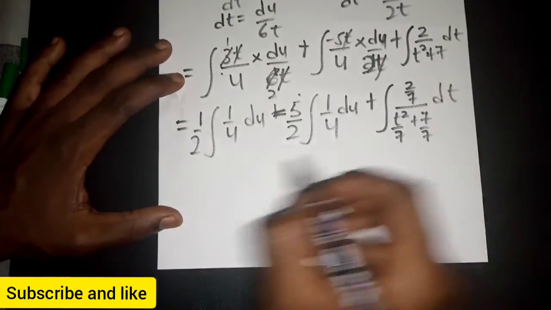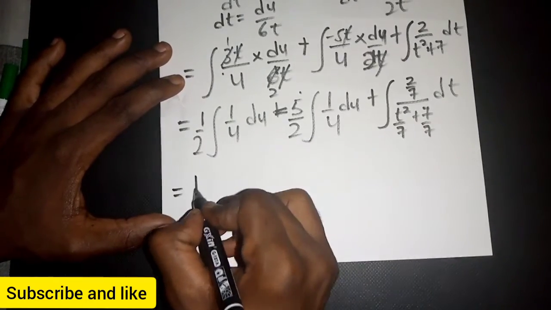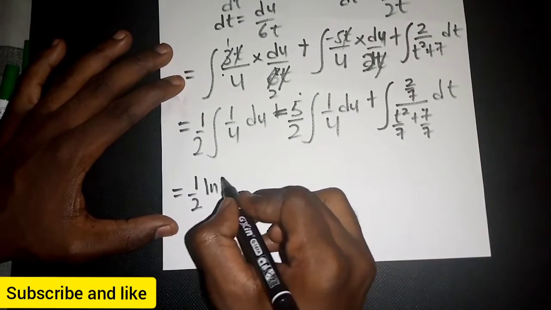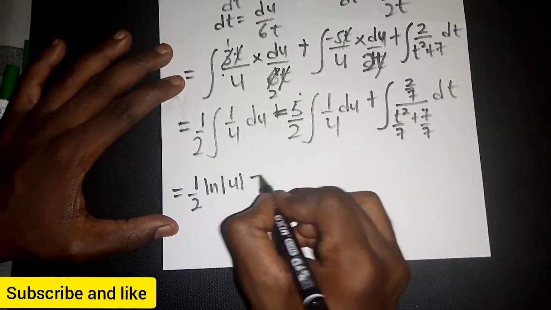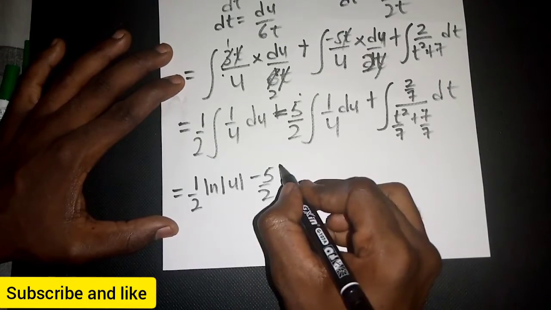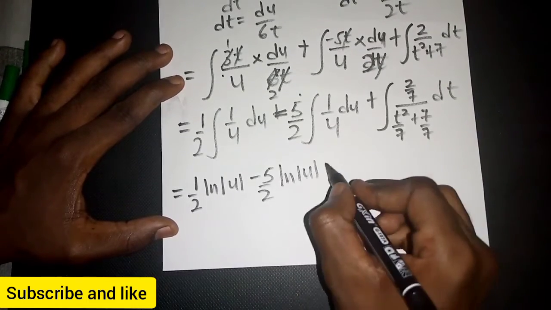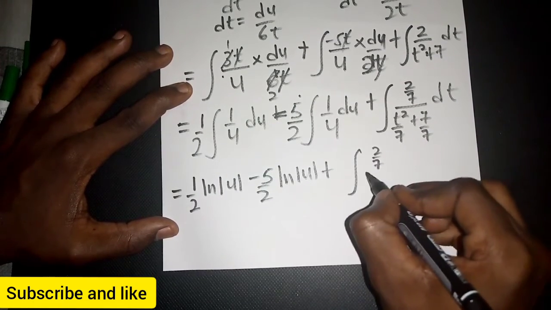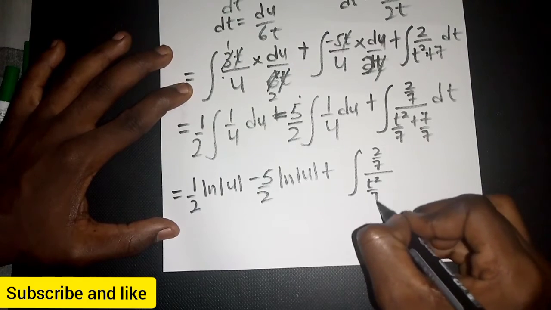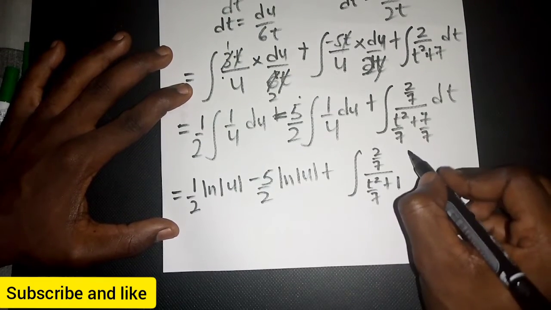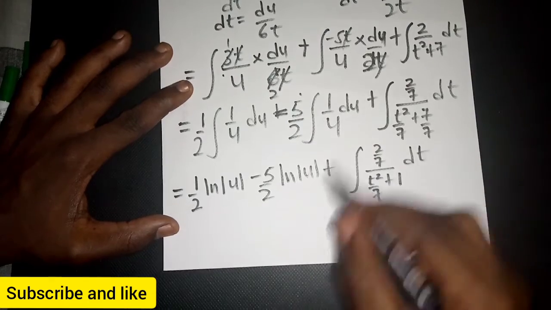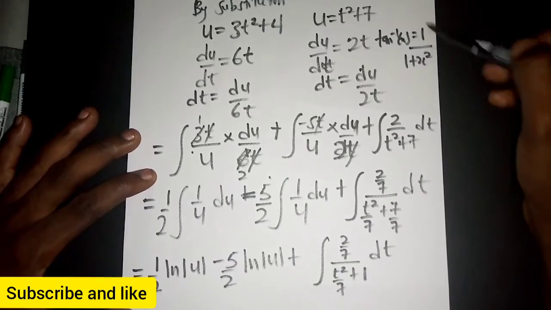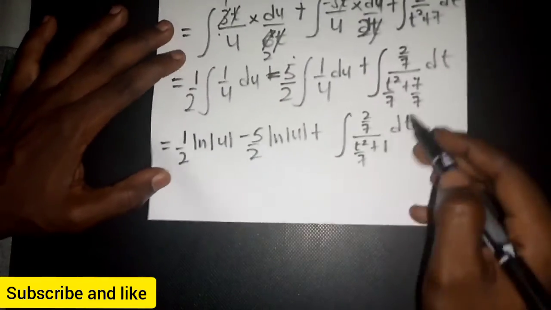So over here we have 1 over 2, then 1 over u du is just the ln of u, then minus 5 over 2, then the ln of u again. Then over here we have 2 over 7, then t squared over 7 plus 1, still with dt. Now it is in the tan inverse form, so we can integrate it.